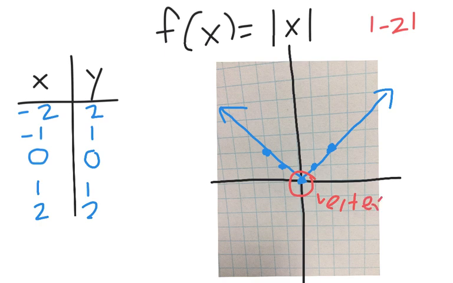Okay? Anything else that this has? It has arrows, because these lines continue forever in one direction each. Okay? What do we call this?